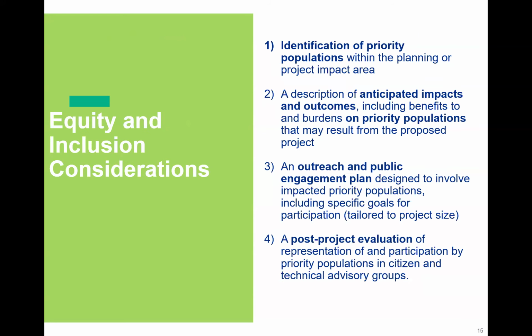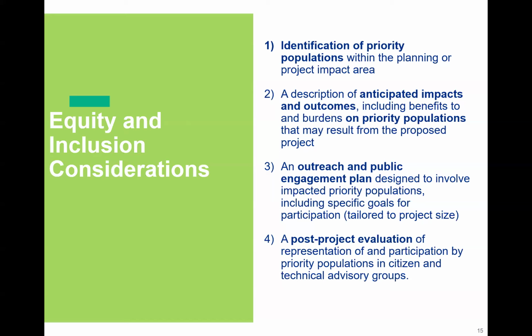At this point, I'll turn it back over to Josh. Thanks, Gordon. So beginning a couple biennia ago, applicants in all technical assistance grant categories have been required to propose outreach and community participation plans that reflect inclusion of priority populations identified in the State of Oregon Diversity, Equity, and Inclusion Action Plan.